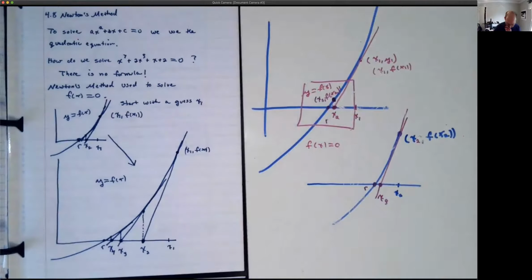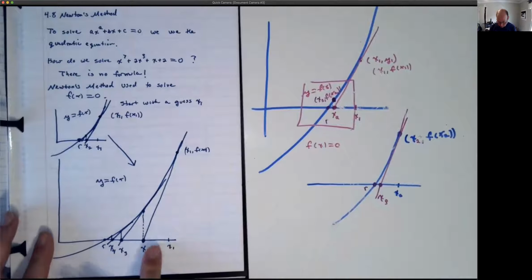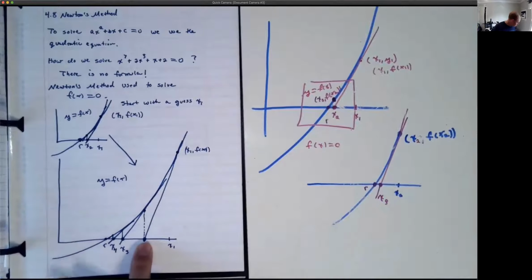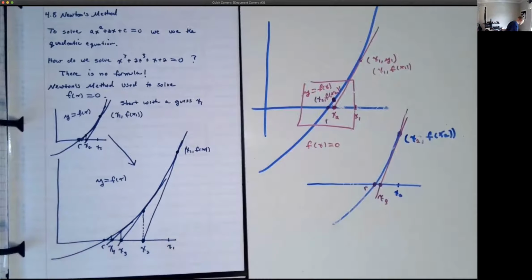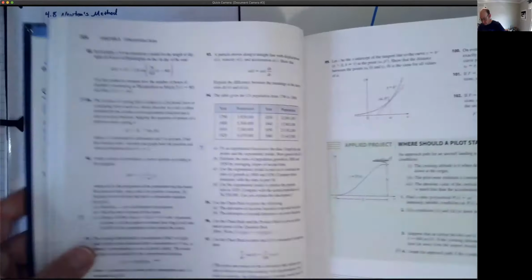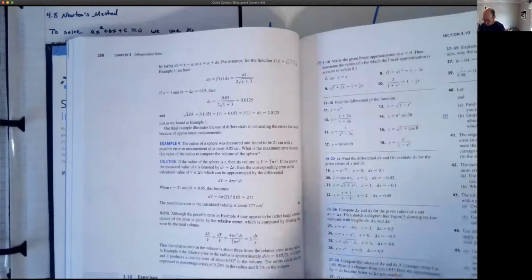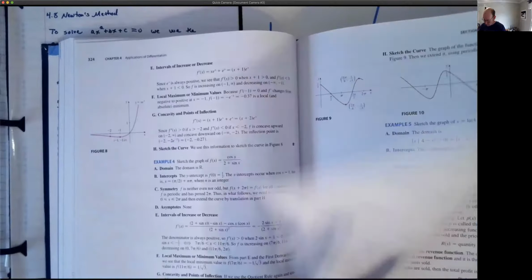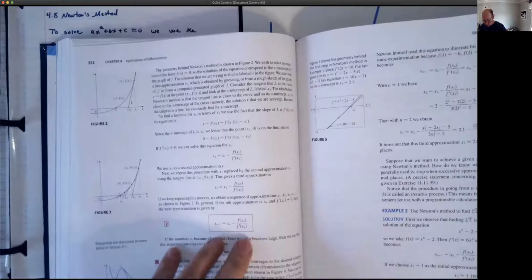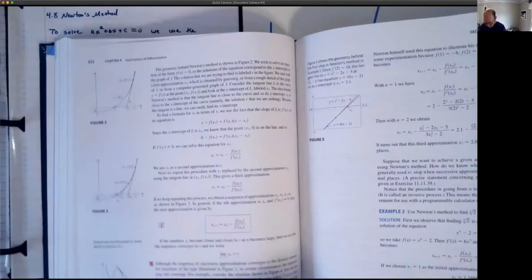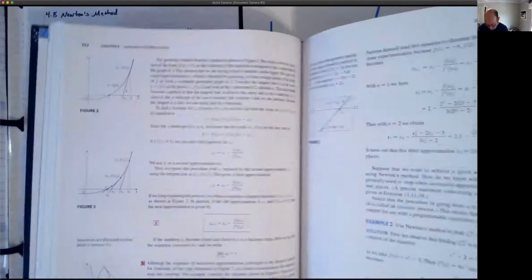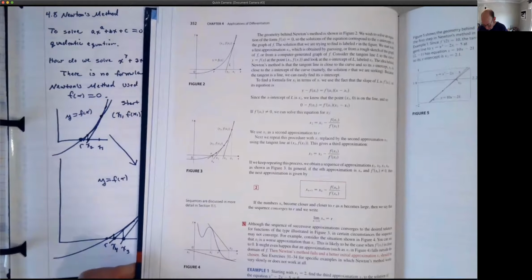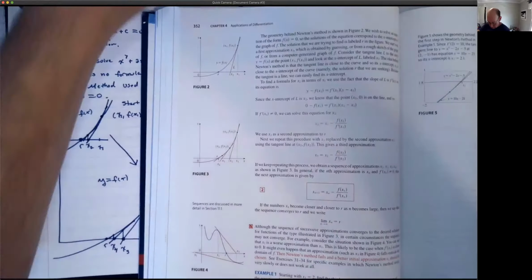Okay, so here's another picture of what's going on here. And if you look in the textbook in section 4.8, you'll see an even nicer picture that shows what's going on.